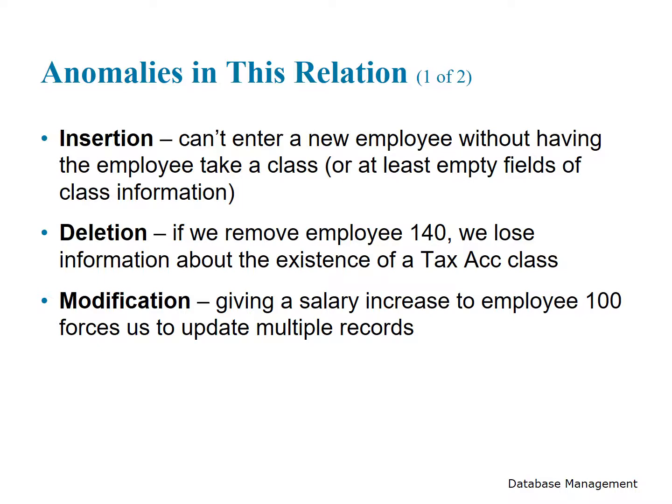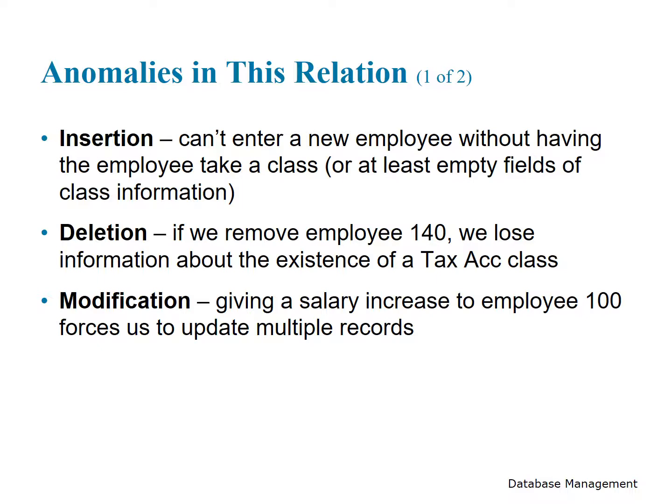Deletion: if we remove employee 140, we lose information about the existence of a tax accounting class. Modification: giving a salary increase to employee 100 forces us to update multiple records.